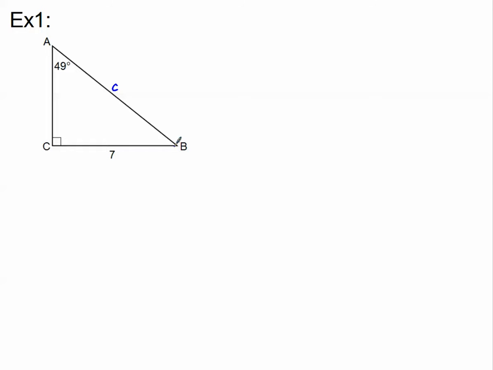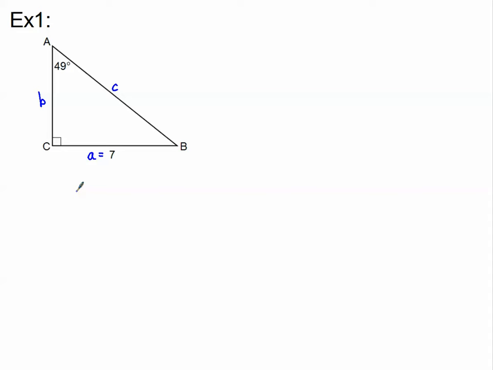Opposite angle B is side B, little b, and opposite angle A is side A. Now that's obviously already been given, so I'll just say A equals 7. So please understand that's how you label your missing parts. Opposite the angle is the same letter of the side. Sides are in lowercase, angles are in uppercase.